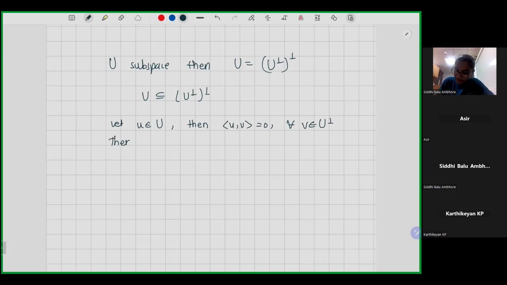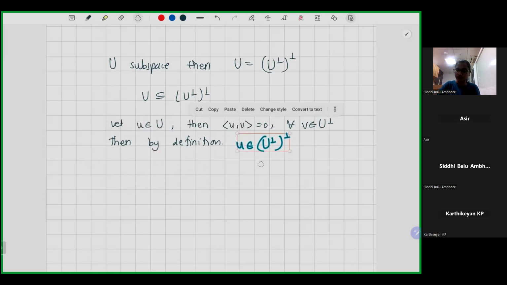Then by definition, U belongs to U perp, because its inner product with all the elements from U perp is 0. So U is anyway contained in U perp. Is it okay? This statement which I just wrote here.